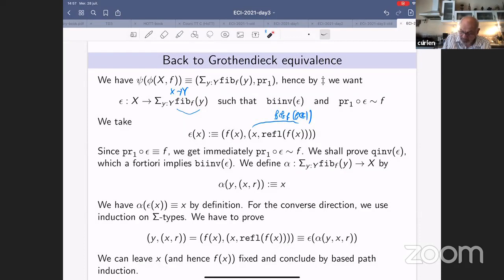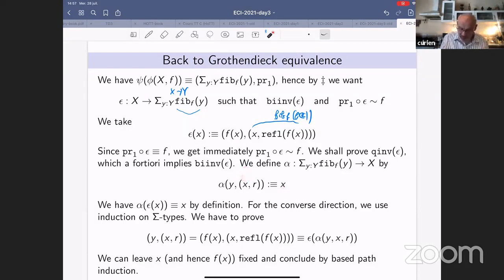So you can take it to be the pair of an element of capital Y and an element of fib F of Y, which is typically some X, R, and this X is in capital X. So you do the projection on the second component here.